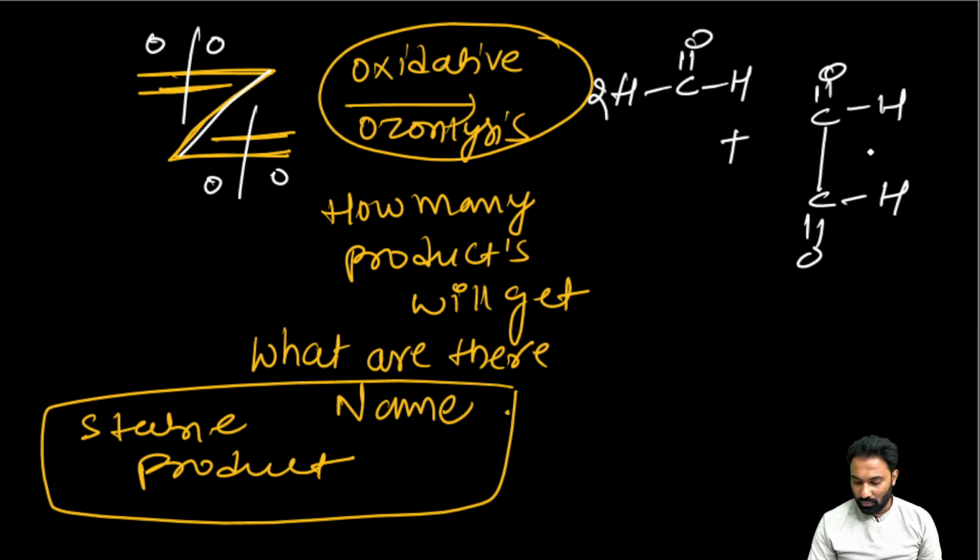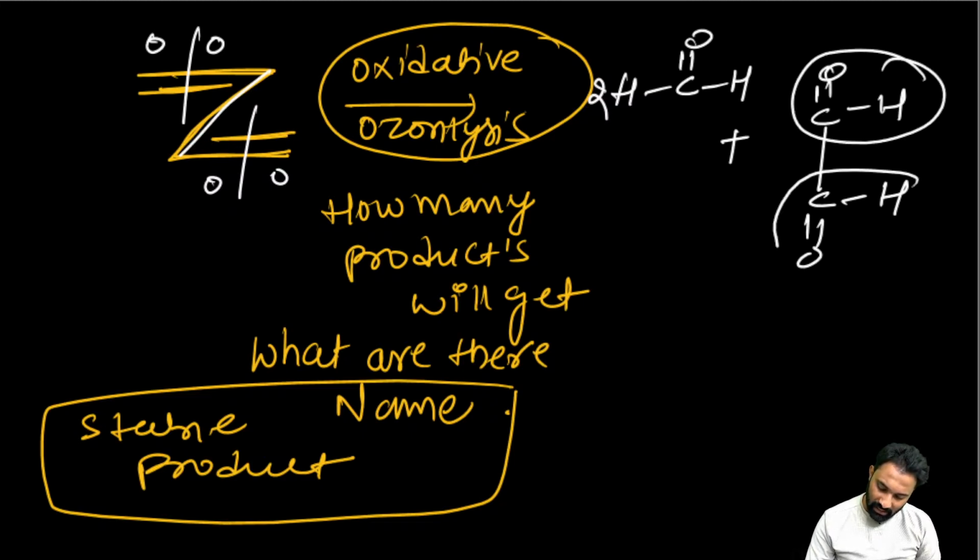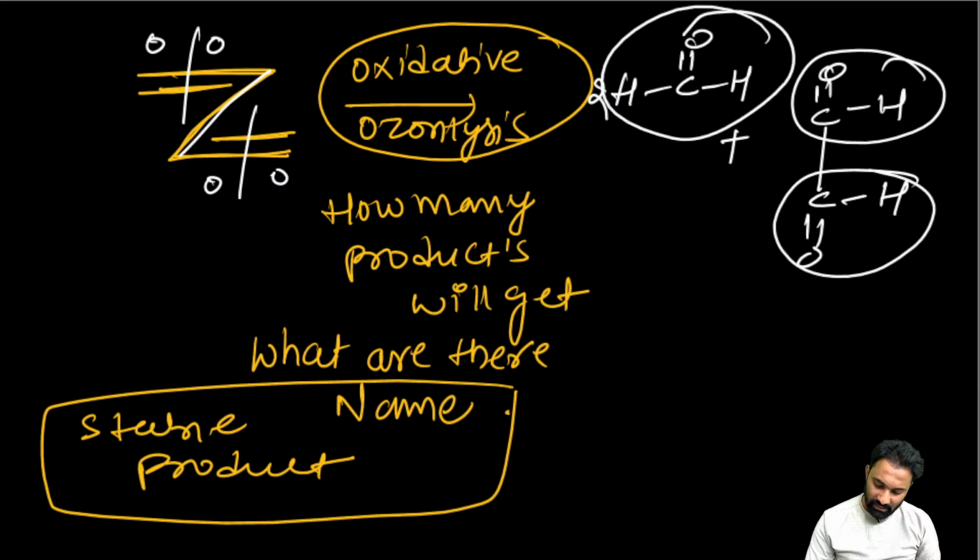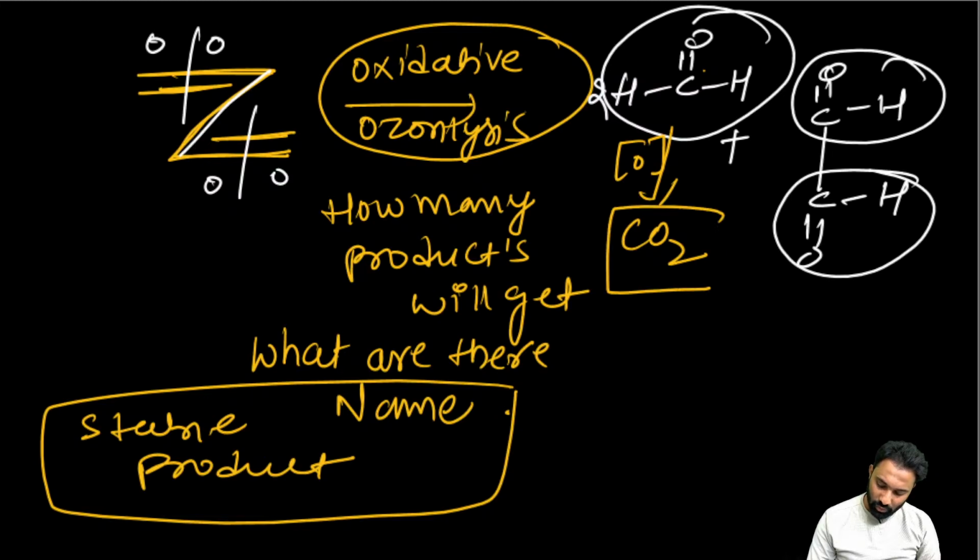Now we know this is ozonolysis. Ozonolysis will not stop the reaction at the aldehyde stage. In oxidative ozonolysis, formaldehyde will be converted into CO2. You have to be very careful with this one.